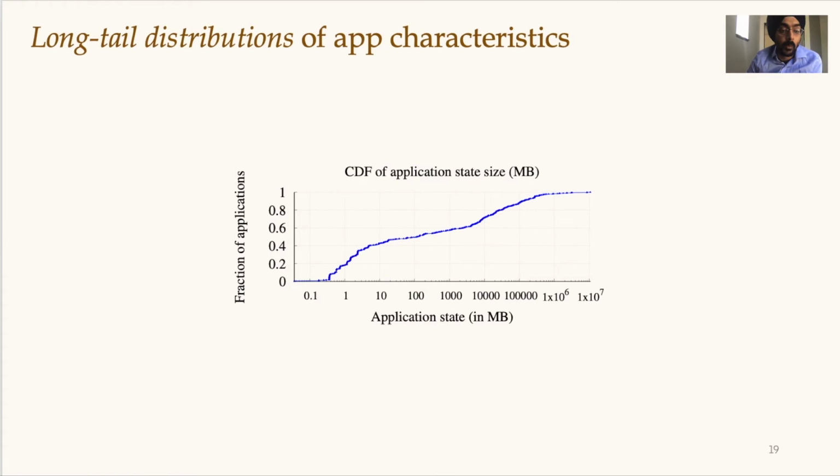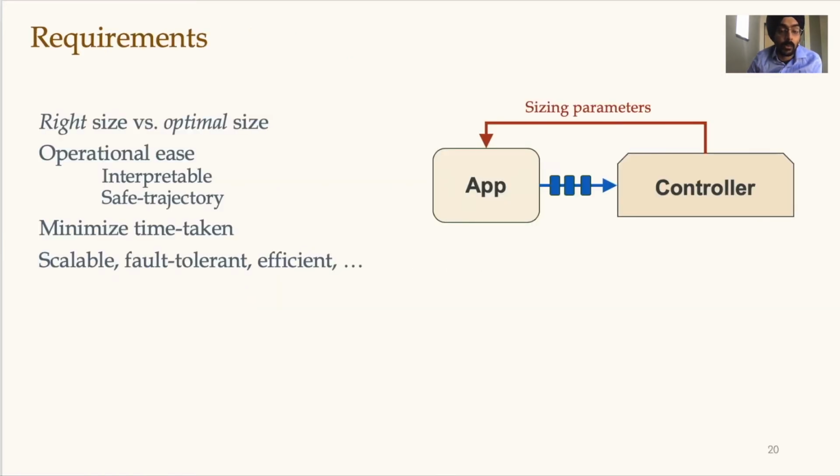So what we want, therefore, is a controller to address these challenges and in doing so meet a set of requirements. First, the controller should be able to right-size the application, that is, compute a resource sizing that, even though it may not be the optimal size, bounds over-provisioning while preventing under-provisioning and all the consequences of under-provisioning at all times.